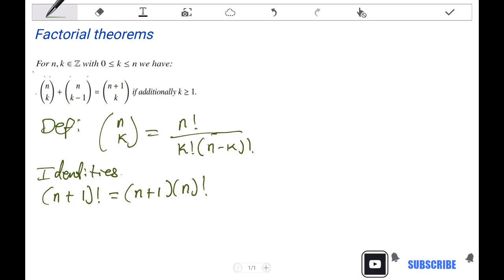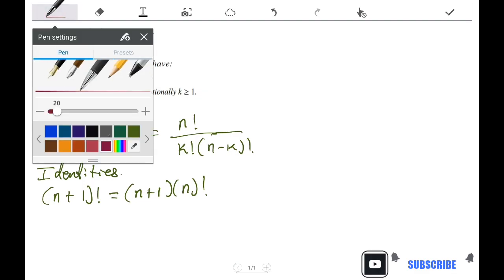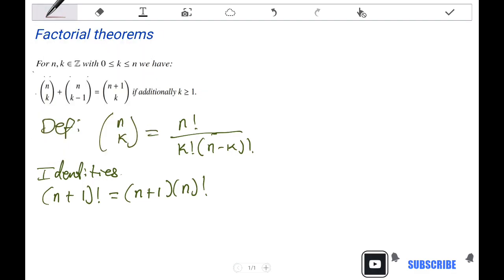A more practical example: 5 factorial is the same as 4 plus 1, which is 5, and then 4 factorial. So you are going to have 5 multiplied by 4 factorial.